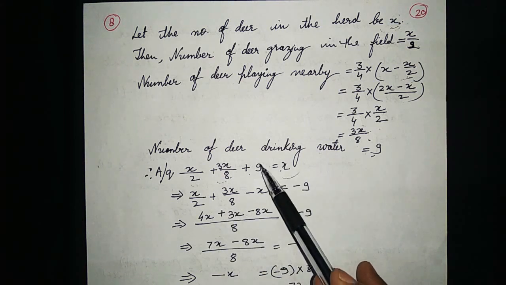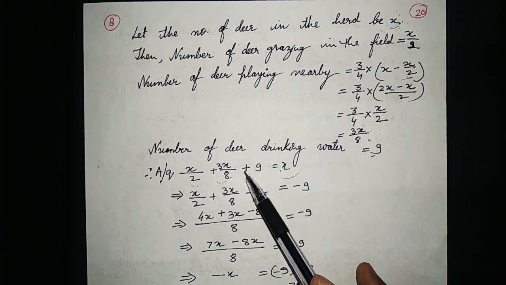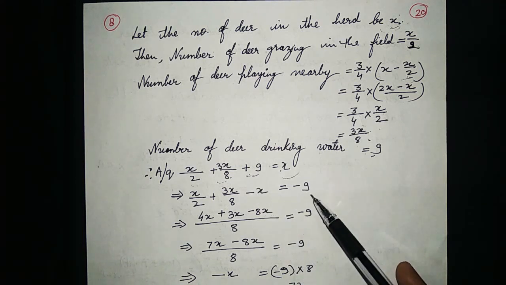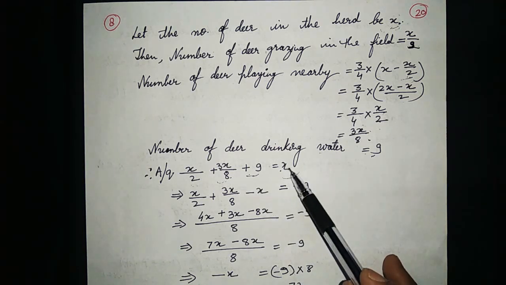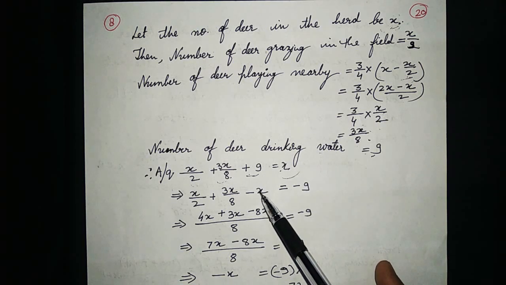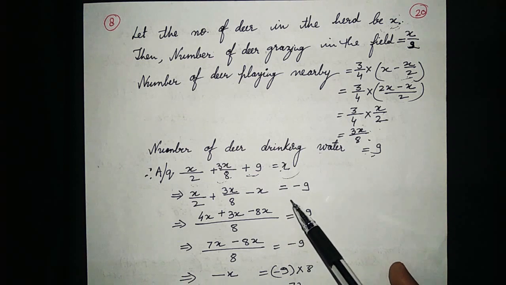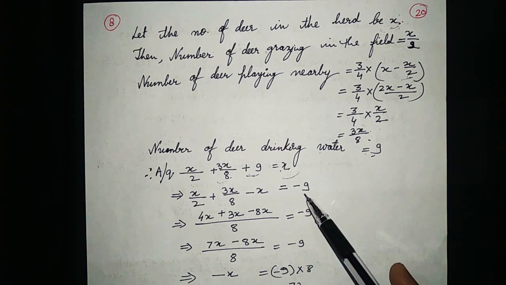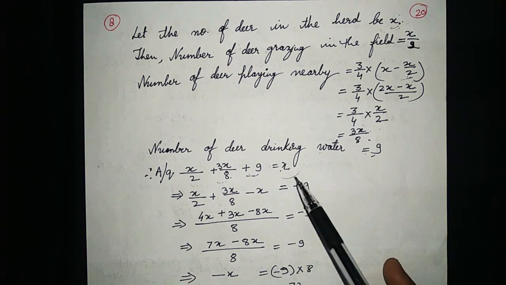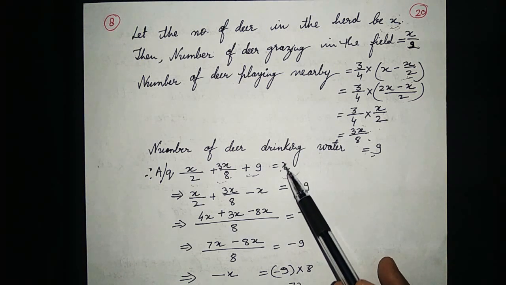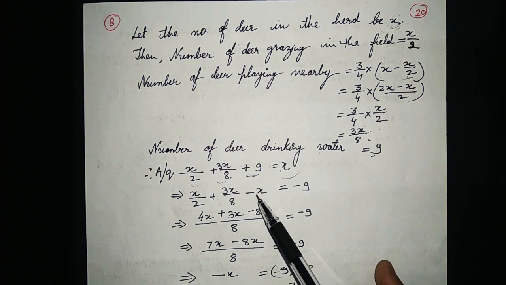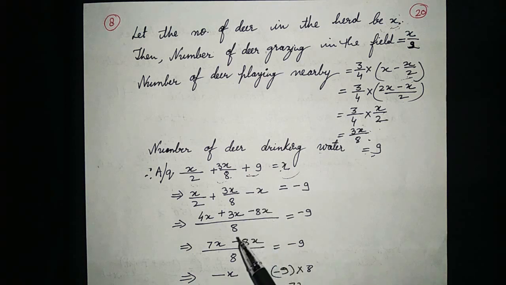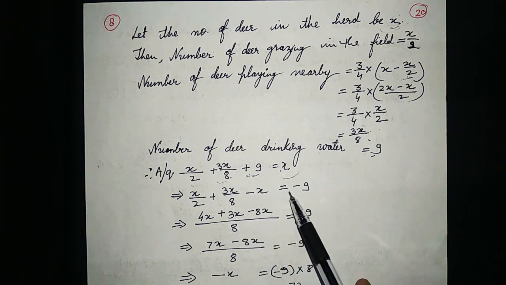Plus 9 you will transpose from the left hand side to the right hand side, and this x you will transpose from the right hand side to the left hand side. So plus 9 will be minus 9 on the right hand side, and plus x will be minus x on the left hand side. Now your equation is x upon 2 plus 3x upon 8 minus x is equal to minus 9.